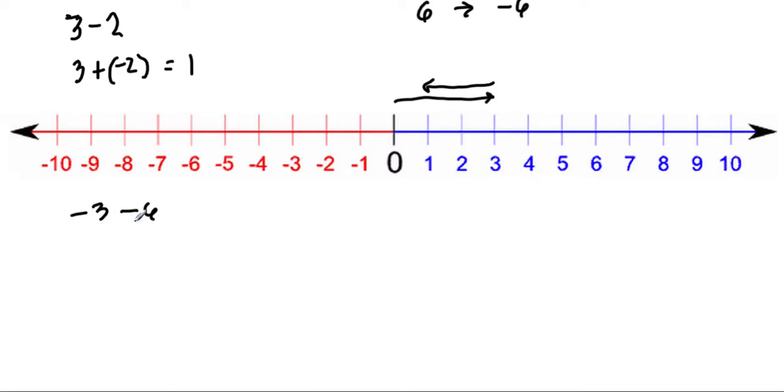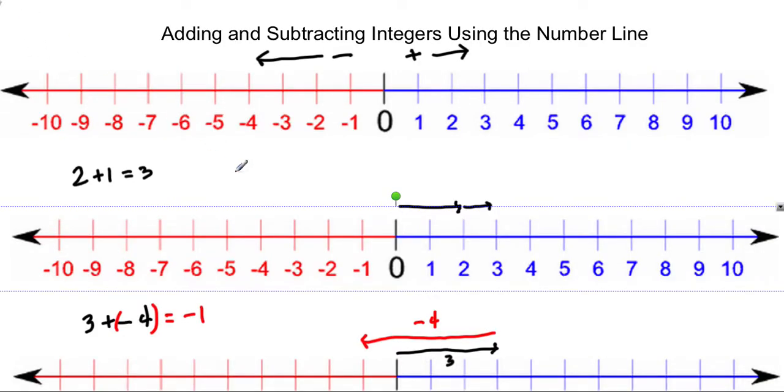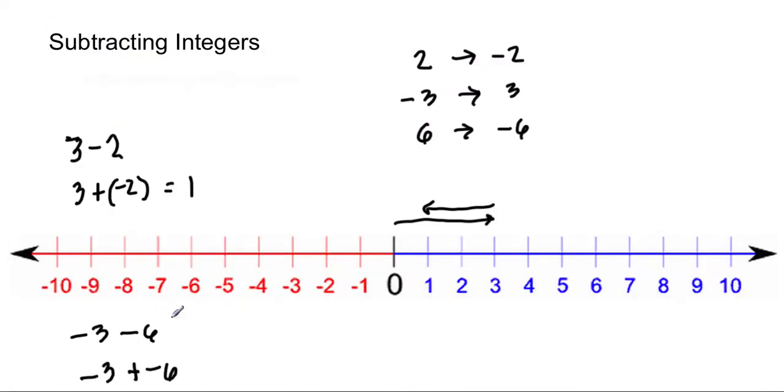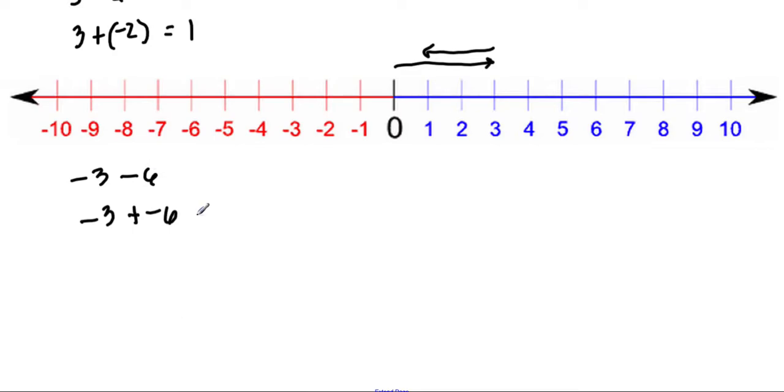So when you have negative 3 minus 6, you're adding the opposite of 6, which is negative 6. So you have negative 3 plus negative 6. And from what we learned on the last page, when you have two negatives, you're adding the integers. So negative 3 plus negative 6 is negative 9. So you're adding the integers and keeping the sign.